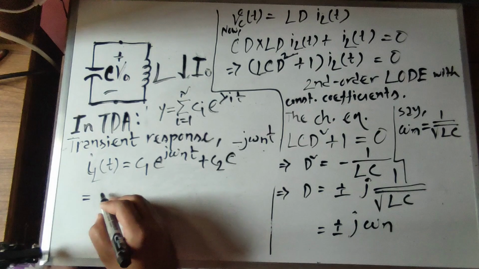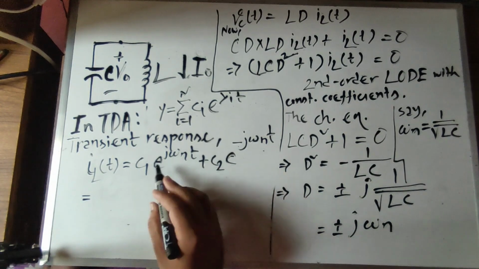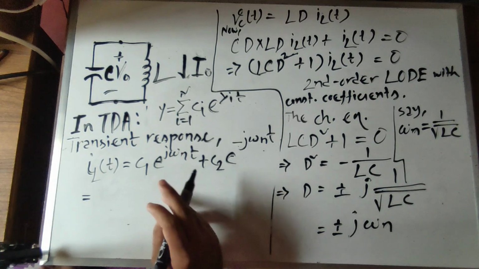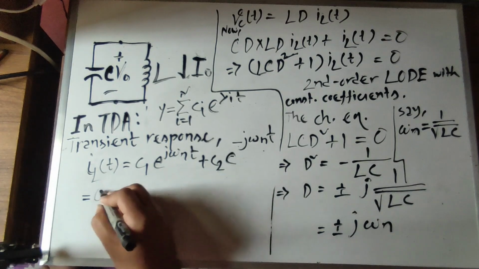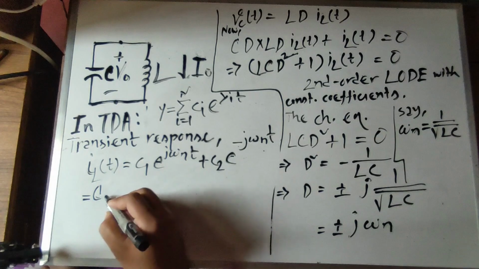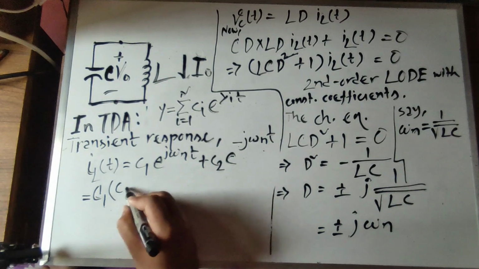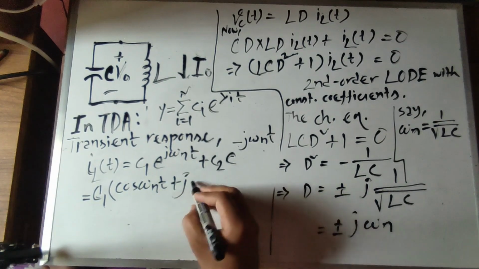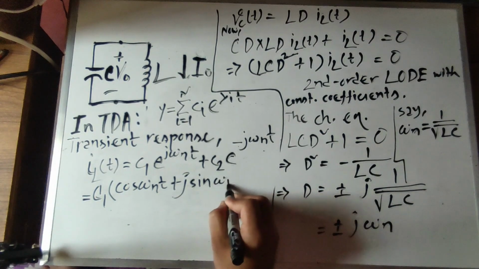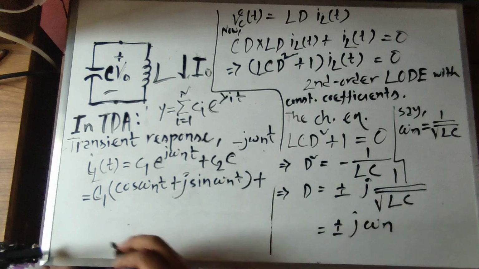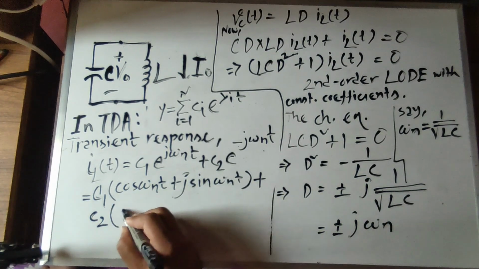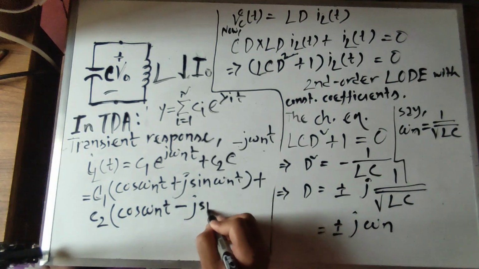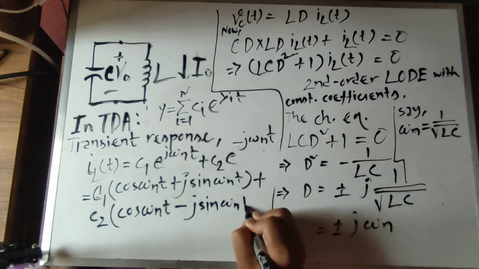If we break this complex exponential term by Euler's identity, it will give us C1 cos omega nt plus j sin omega nt, plus C2 cos omega nt minus j sin omega nt.